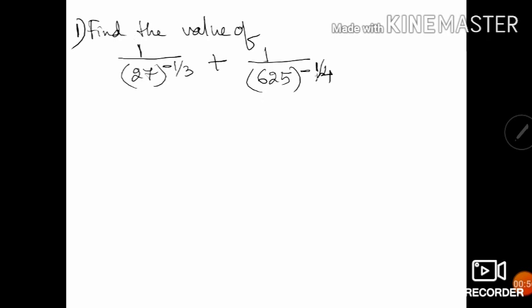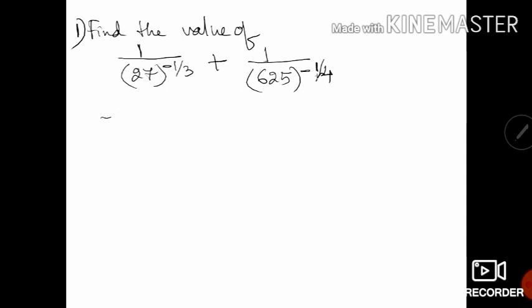Problem 1. Find the value of the following expression. Now in this there are two terms. The first step will be to change the sign of the power, since they are negative and the numbers are in the denominator.